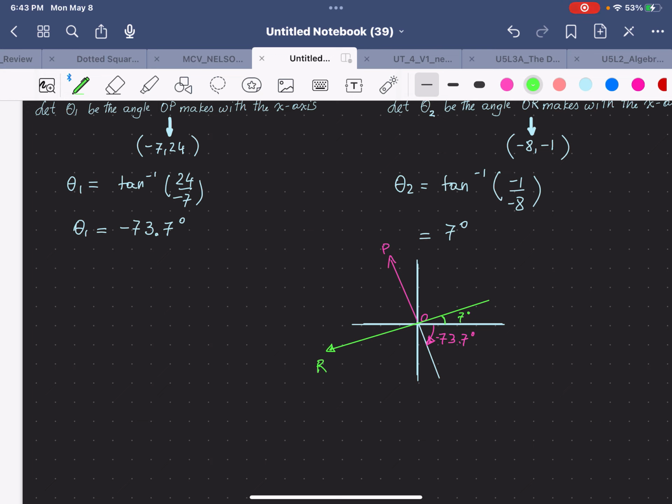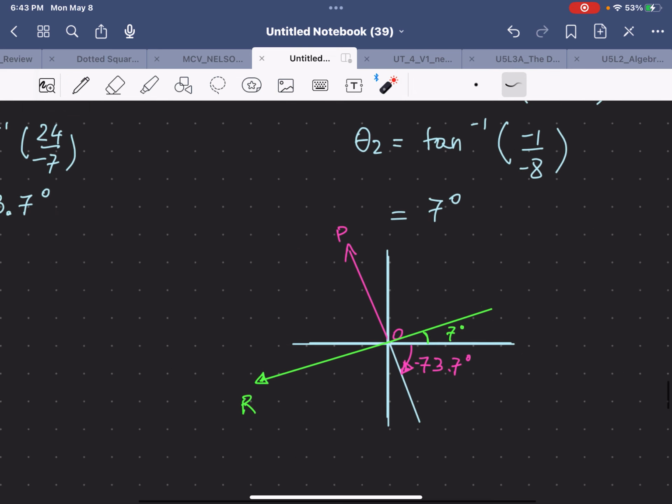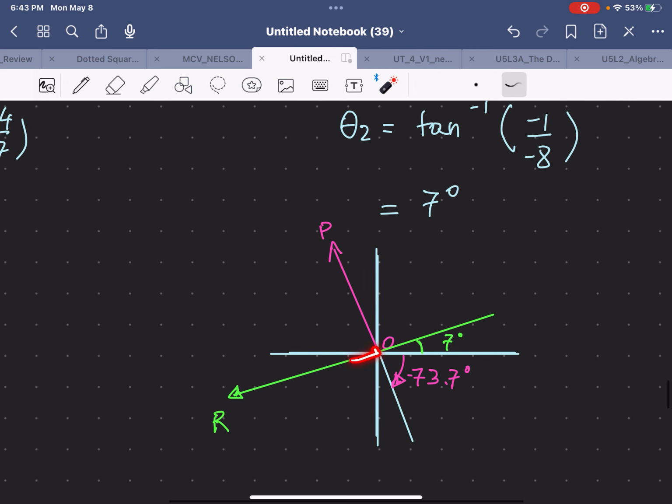So therefore, the angle made between these two vectors will be, take a look at this. It would be this angle here, which is made of this little angle, which is 73.7 degrees based on our calculations, and this little angle here, which is simply 7 degrees.